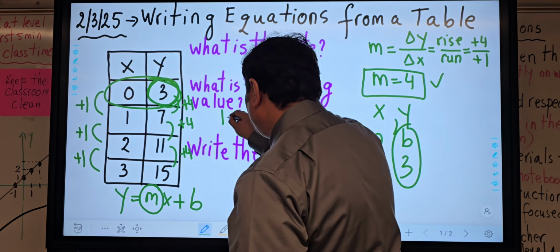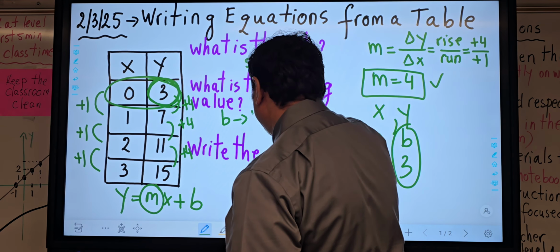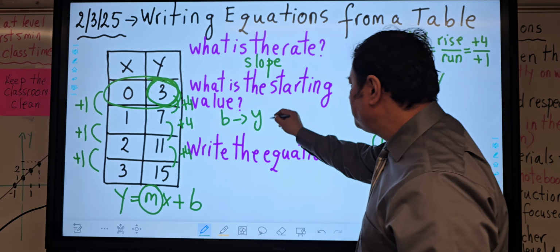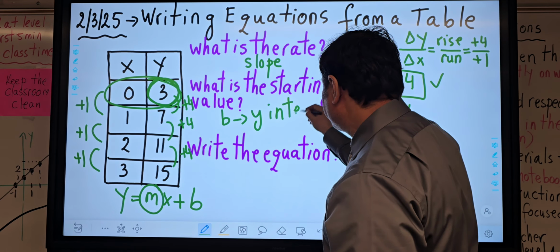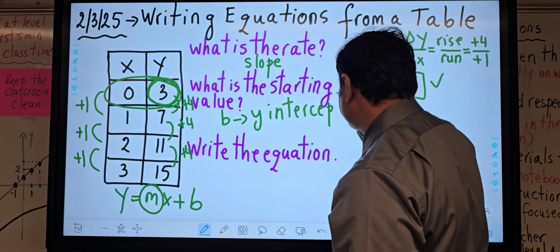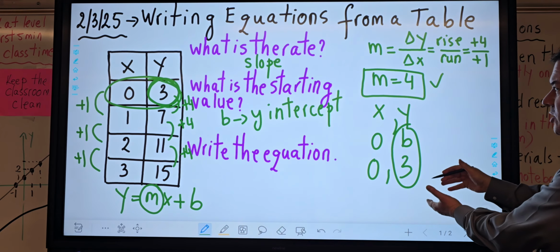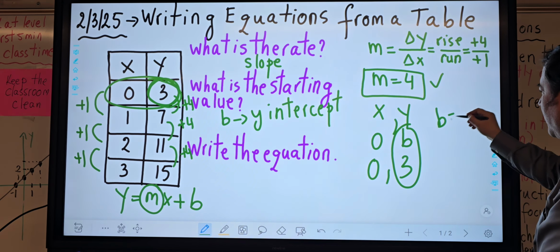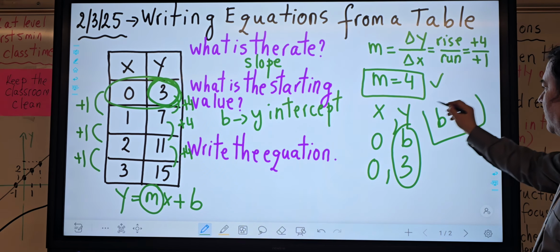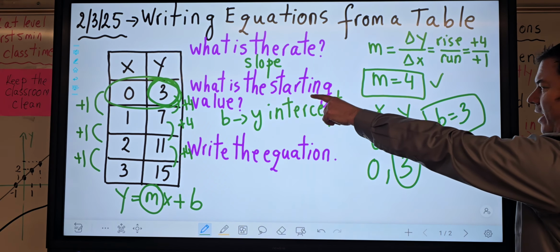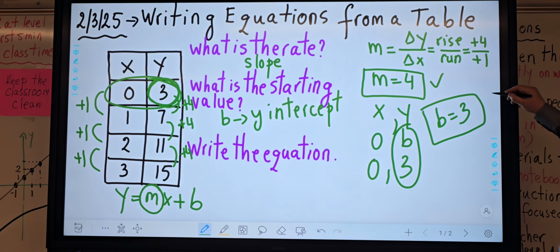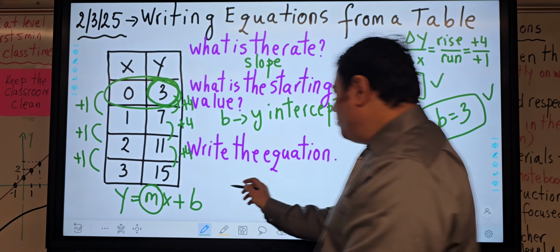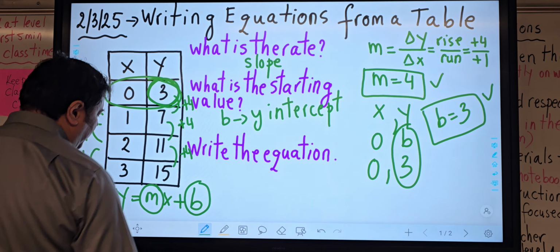So b, we call that the y-intercept. And we found b equals 3. So b equals 3 is where the line crosses the y-axis. So we have the m, we have the b, and now we can write our equation.